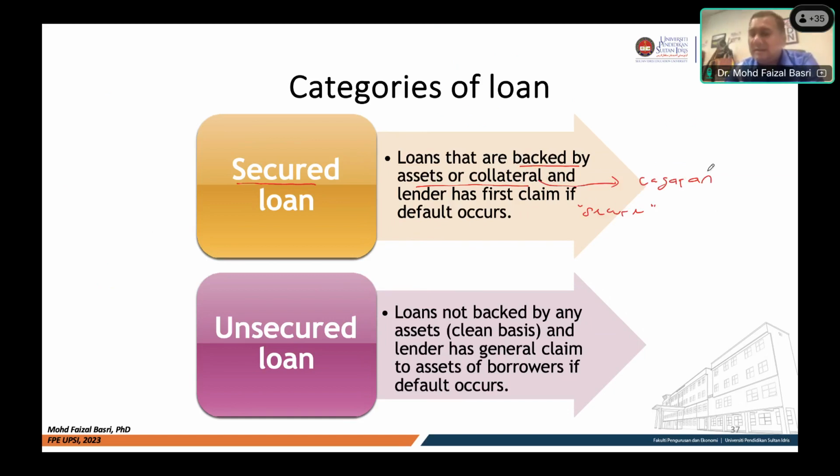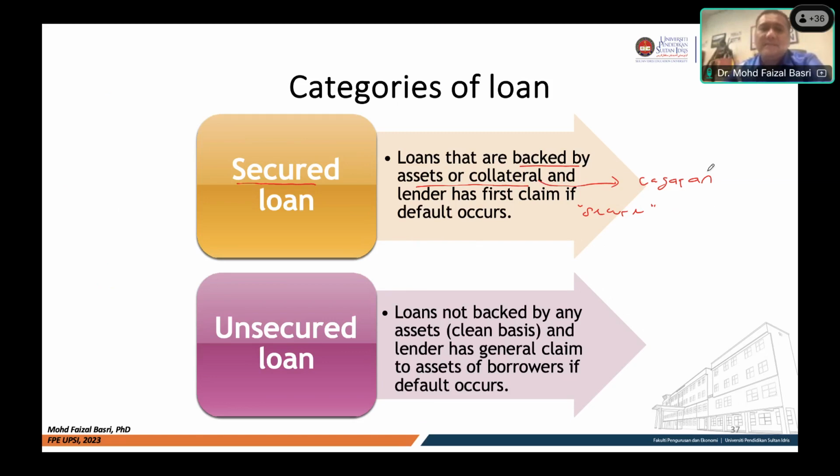So if anything happens to the loans, meaning if the customer or the borrower cannot repay the loans, they have the assets to cover the defaults. If the customer defaults, the bank can repossess the assets and sell the assets in order to pay off all the remaining loans.